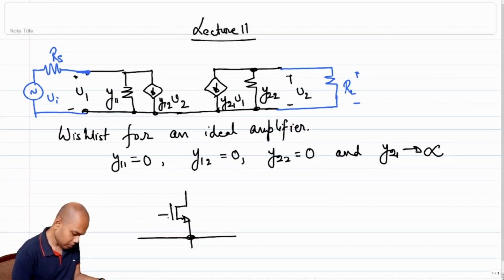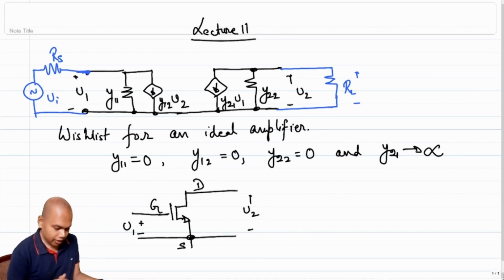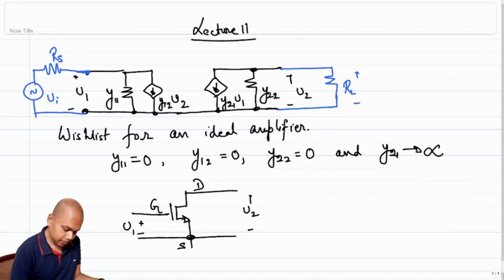The port 1 is connected between the gate and the source, this is V1, and the port 2 is connected between the drain and the source.